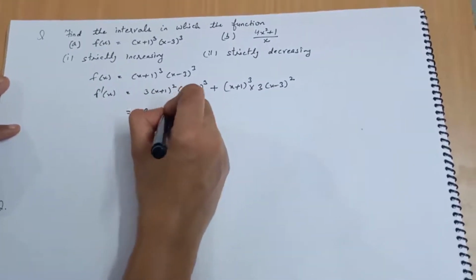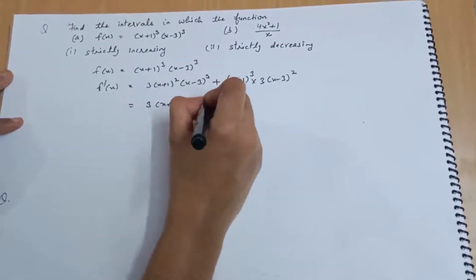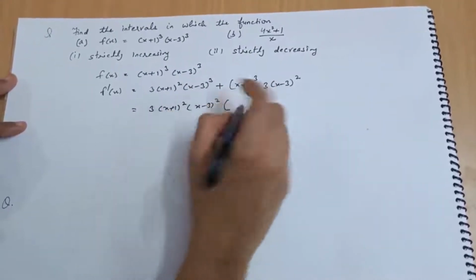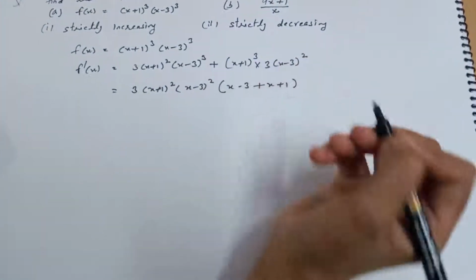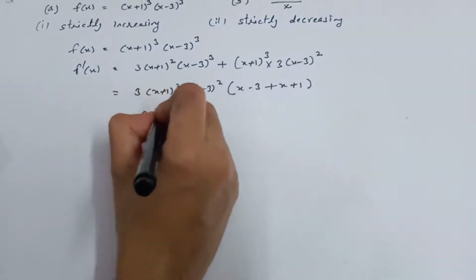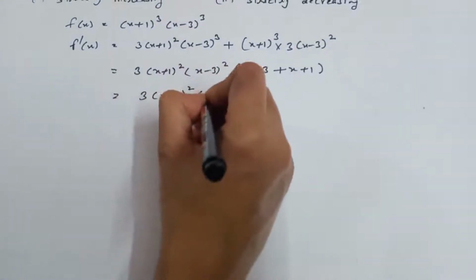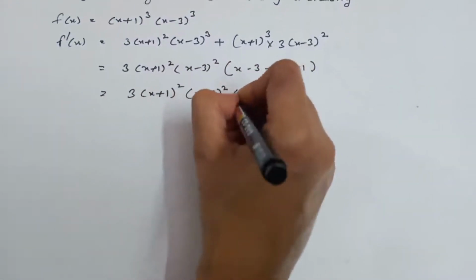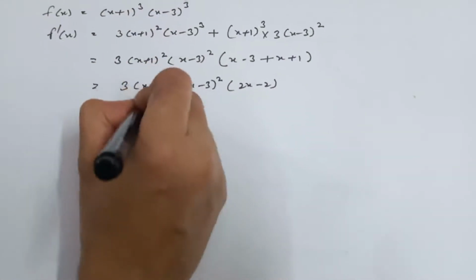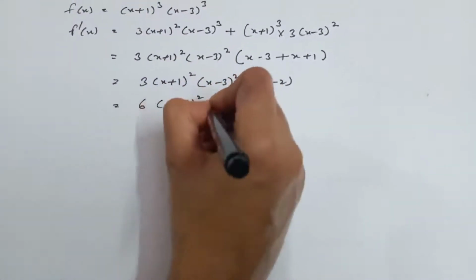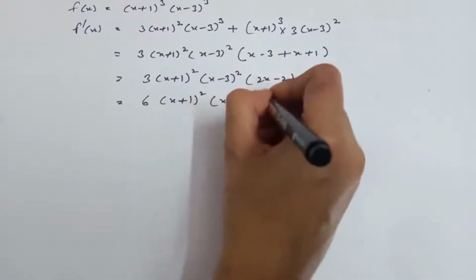What is your (x plus 1) whole square, (x minus 3) whole square, and inside will be what, your x minus 3 plus x plus 1, correct or not? So you are going to 3(x plus 1) whole square, (x minus 3) whole square, and it will come your 2x minus 2. Simply 2 will be common here, so 6(x plus 1) whole square, (x minus 3) whole square, and (x minus 1).